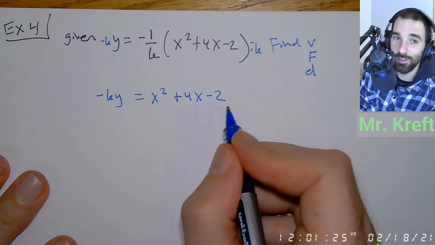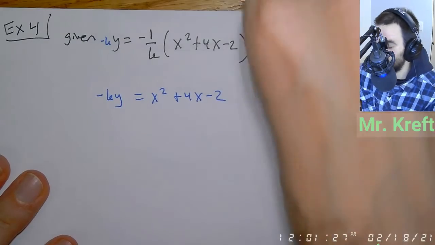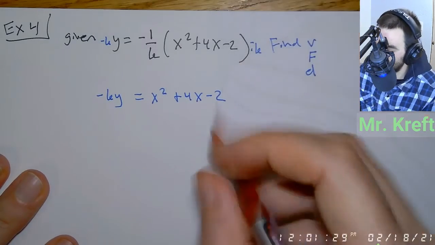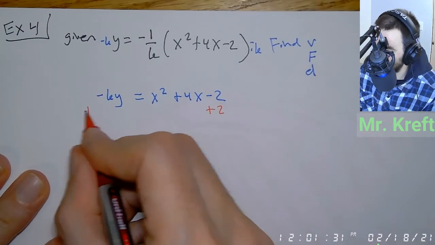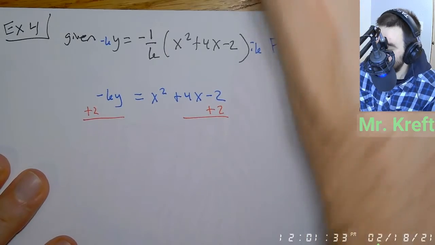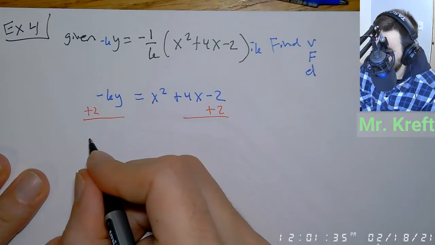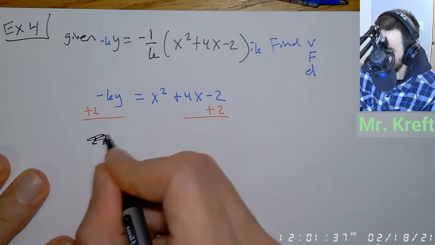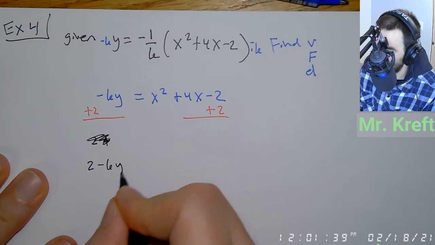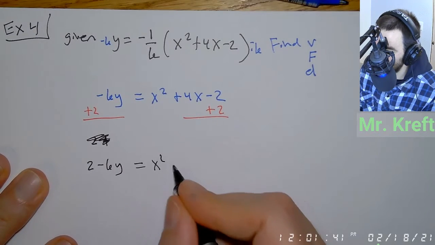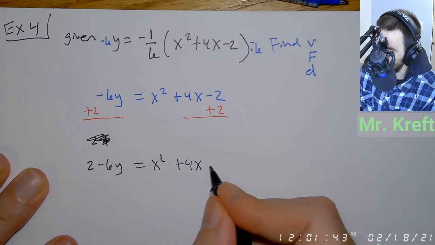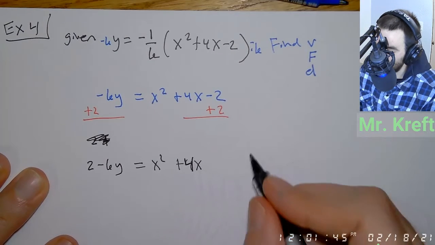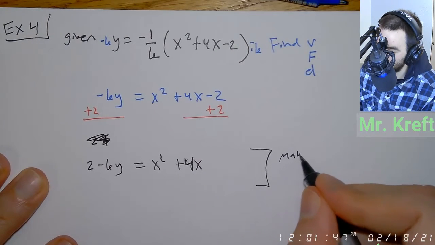Okay, 2 times 2 is 4. 2 plus 2 is not -2. So I'm going to take this and add 2 to both sides. So I end up getting 2 minus 6y equals x squared plus 4x, like that. So now we're going to make it a perfect square.